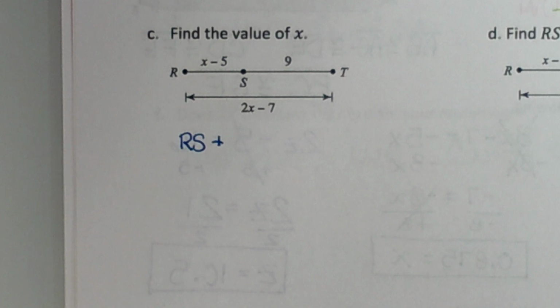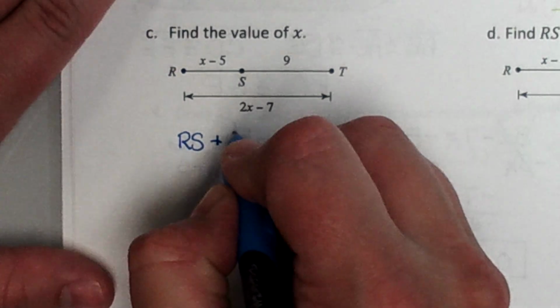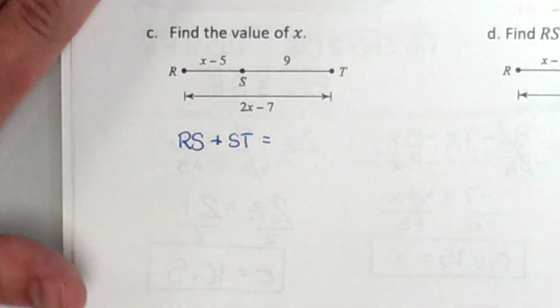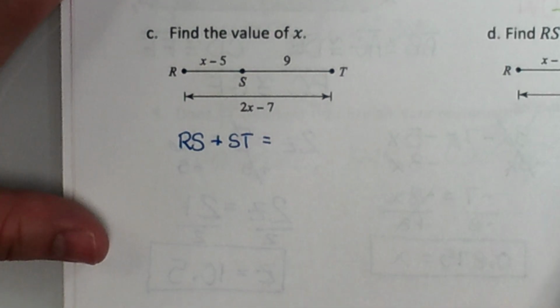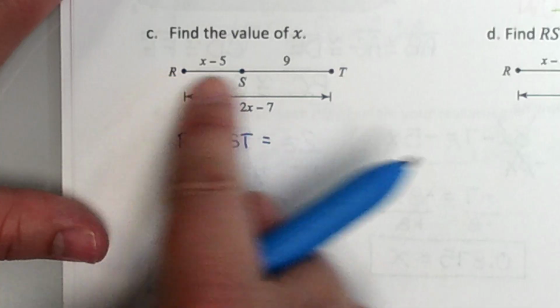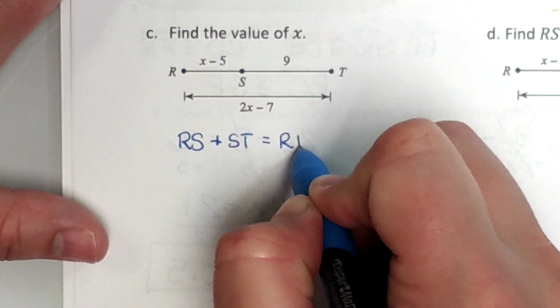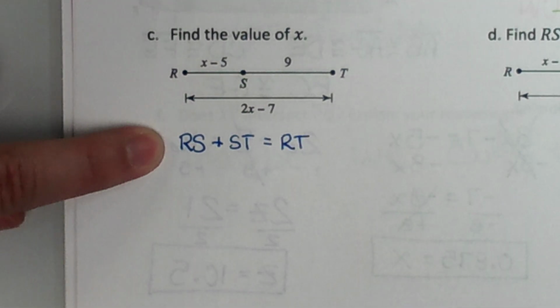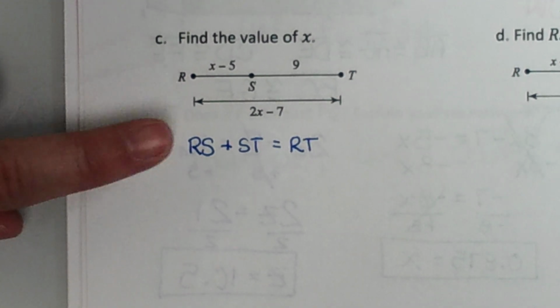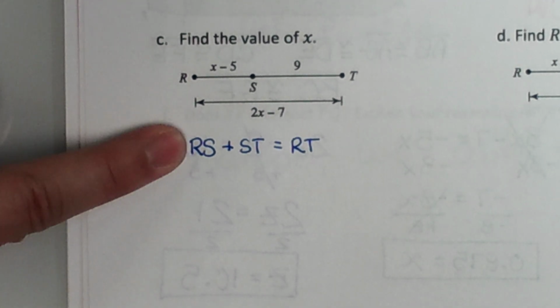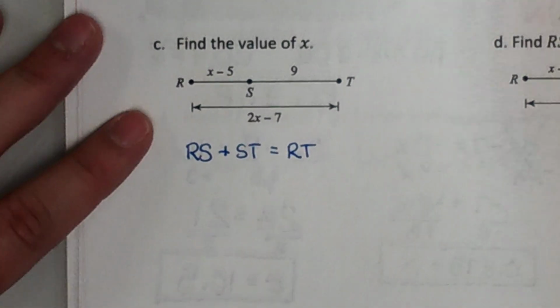That's the first part. Here's the second part. What's its name? ST. Add the two parts together, we get the full thing all the way across. What's the thing all the way across's name? RT. I write this out because in the future we're going to have to write this out. If you skip writing this today, it's not the end of the world, but understand, we will get to a point where we have to write this. Okay.